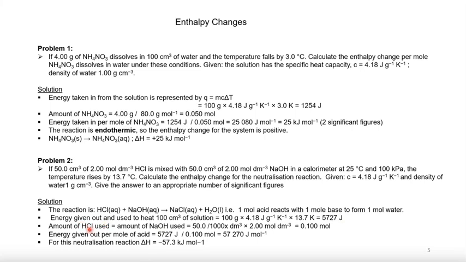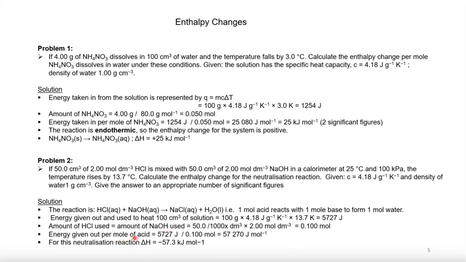Now we have to see the moles. We have the same mole of hydrochloric acid and sodium hydroxide. We convert 50 cubic centimeters, per dm cube, and 2 mole per dm cube, and we find that it is 0.1 mole.